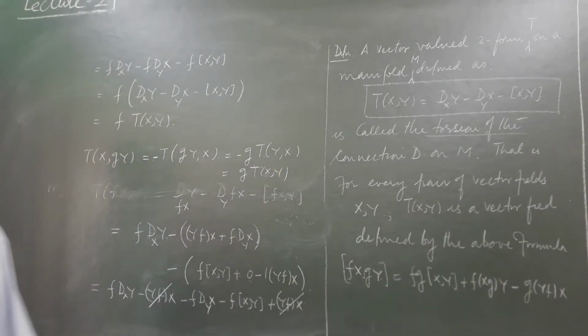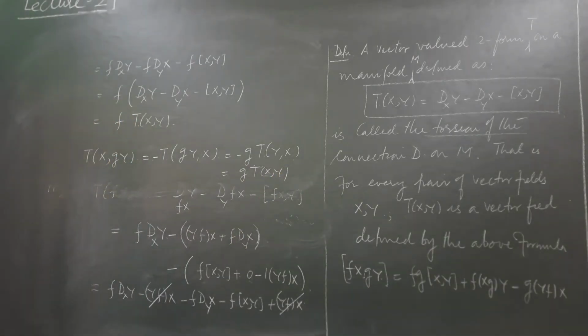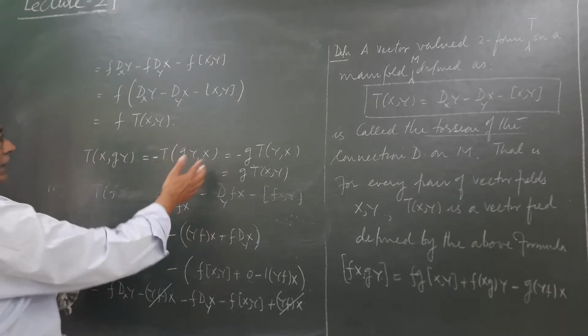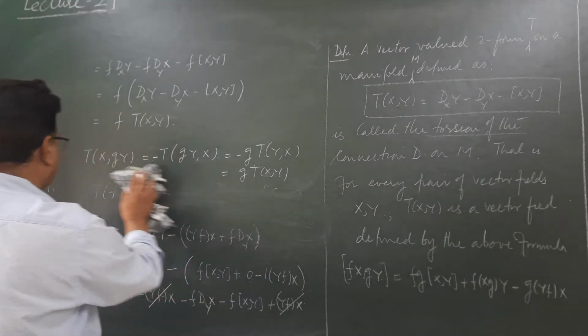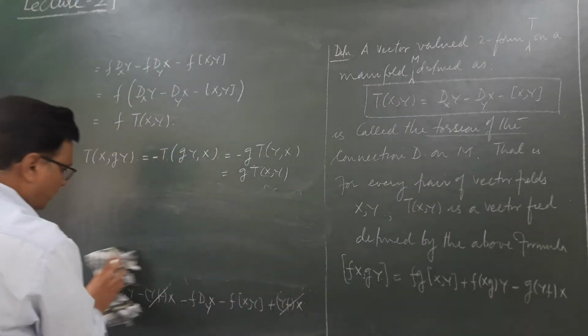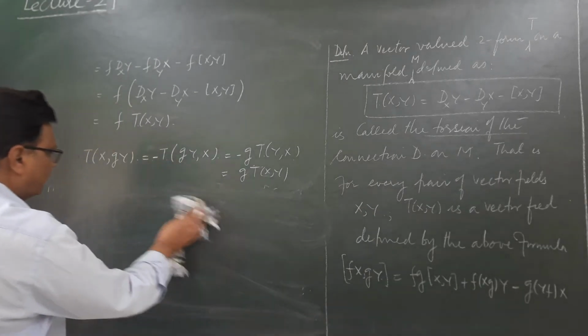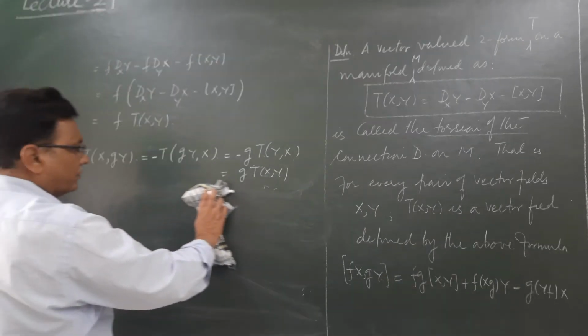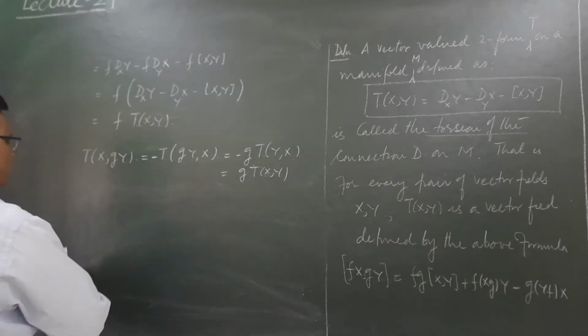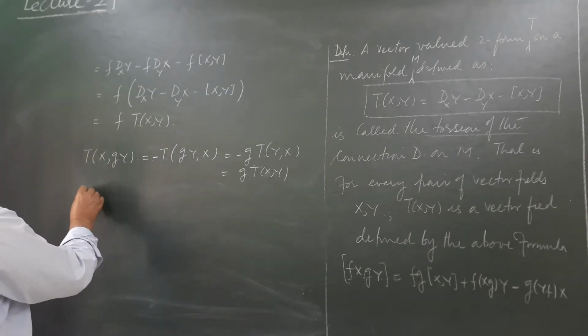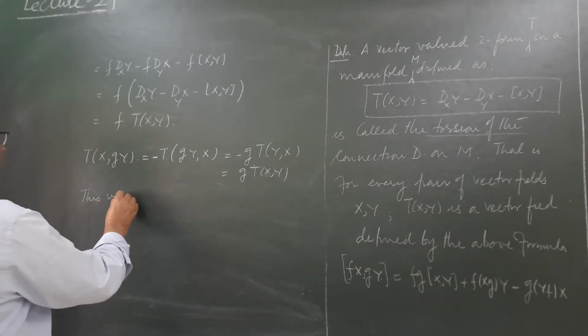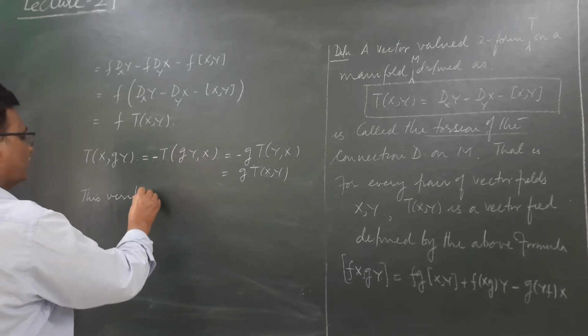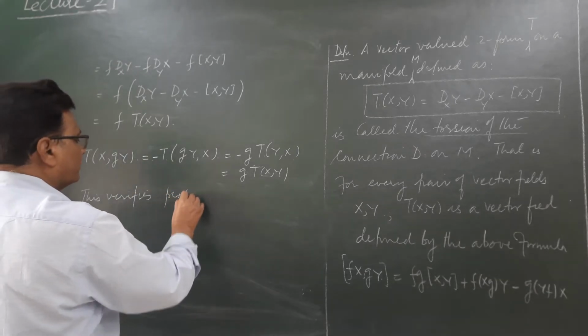So, I need not verify it separately. So, combining these two, I will say that f and g will come out if they are sitting with X and Y respectively inside the bracket of T. So, this verifies property number 2.